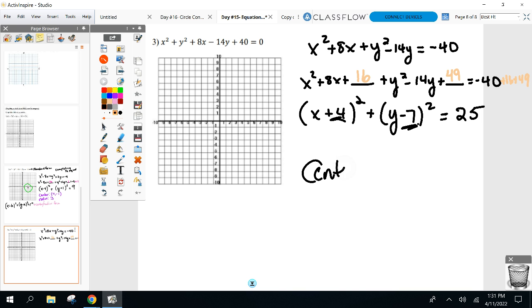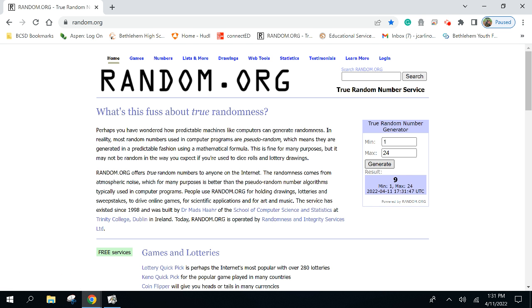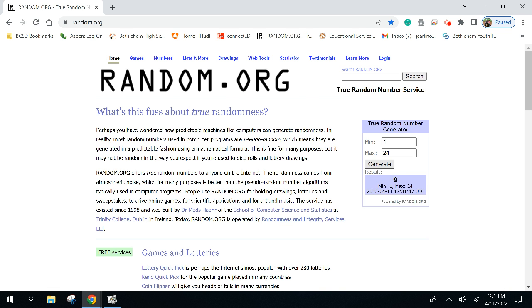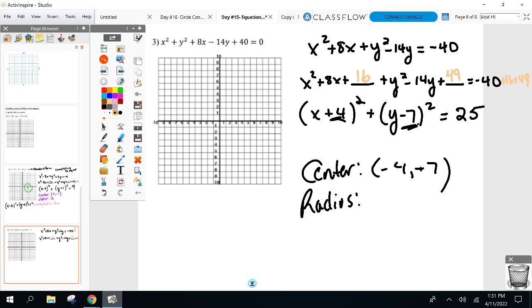Center and radius. The center is -4, 7. And how about radius length? 5. -4, 7.